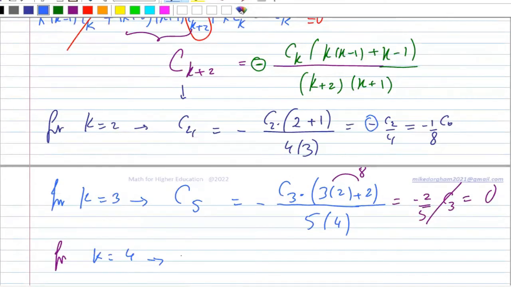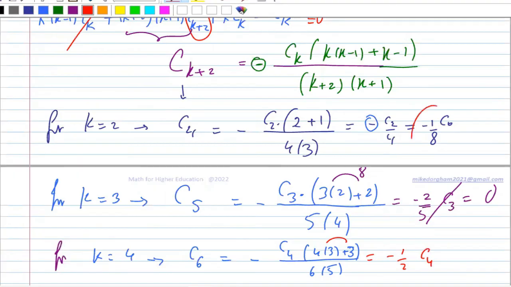Do the K4, you get 6. So it's C4 times 4, 3, 3. You put the 4, you get 6 and the 5 in the bracket. Be careful, you multiply those, you get 12, and 3 is 15 over 5 is 3, 3 over 6 is a half. It's minus half C4. How much is C4, you see?